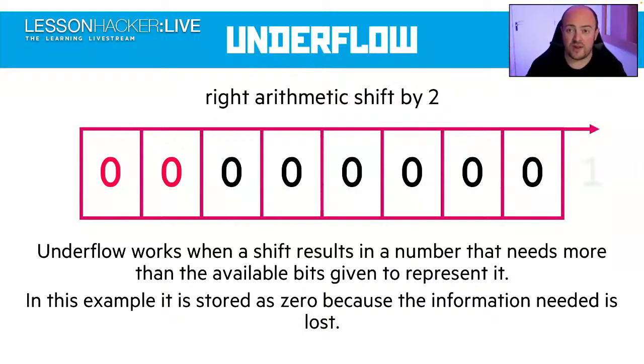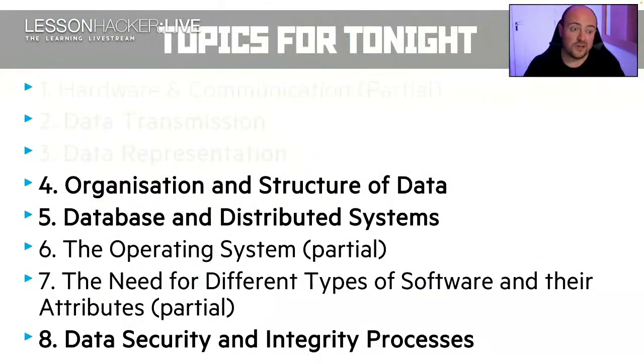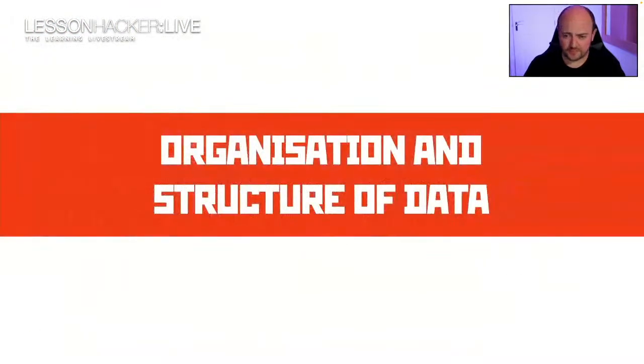It's gone from my registers. That means, despite the fact that this is a really, really small fraction, the best I can do to represent it is 0, and therefore I've lost some precision. I've lost some data. An underflow is where I lose it to the right because of a shift, and an overflow is where I lose it on the left, usually because of binary addition, but sometimes because of a shift as well. Okay, 4, not doing bad for time, actually.